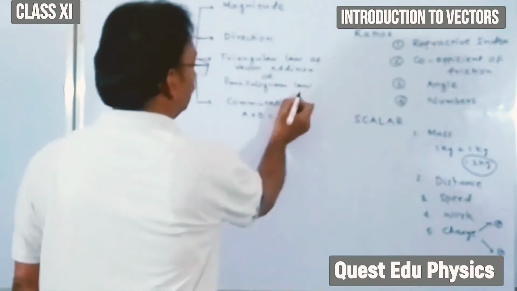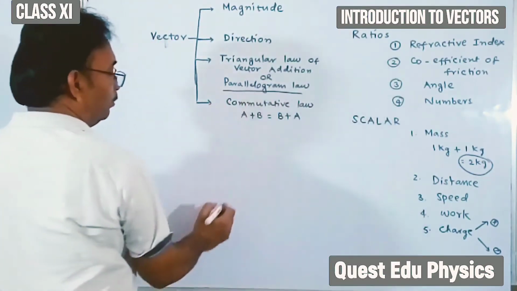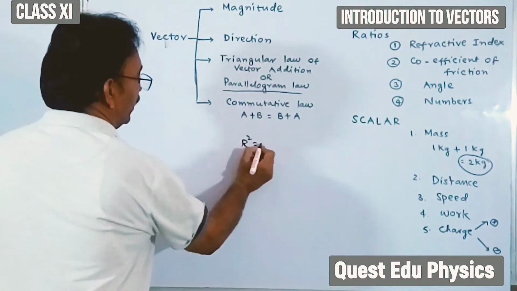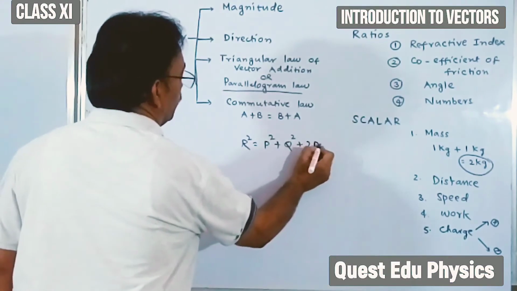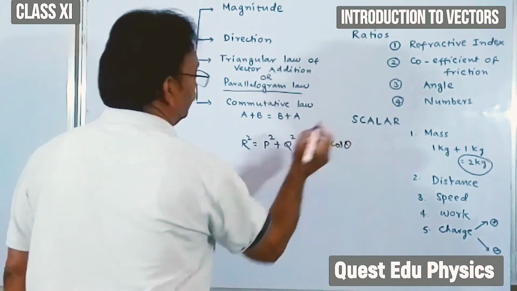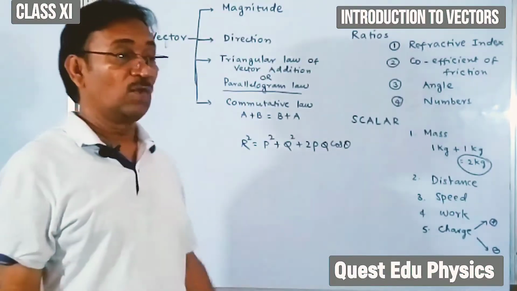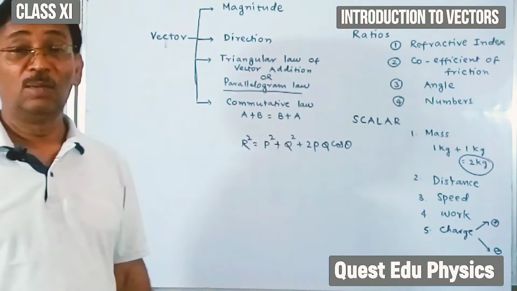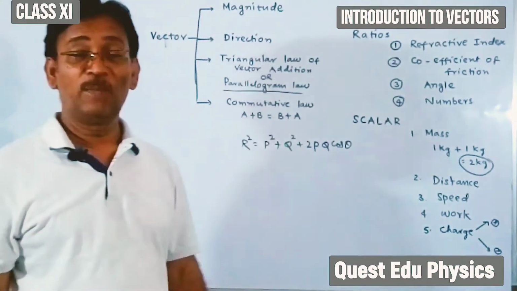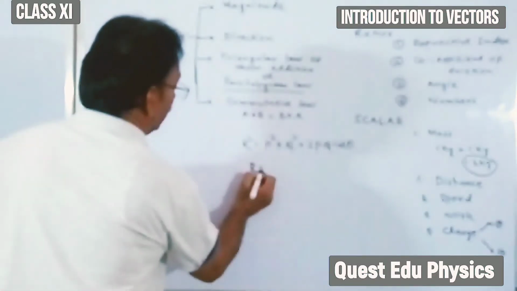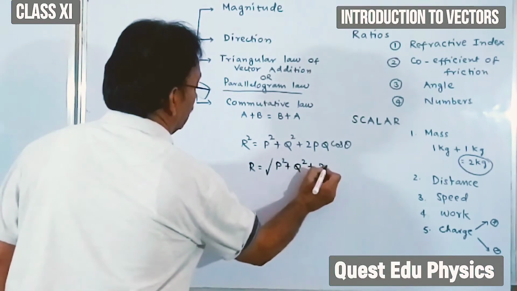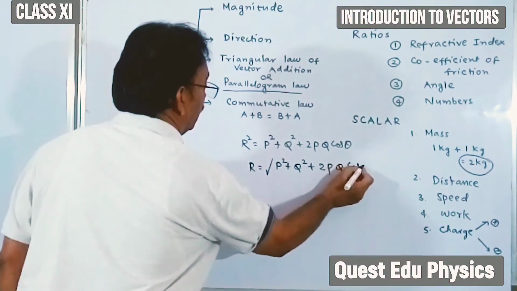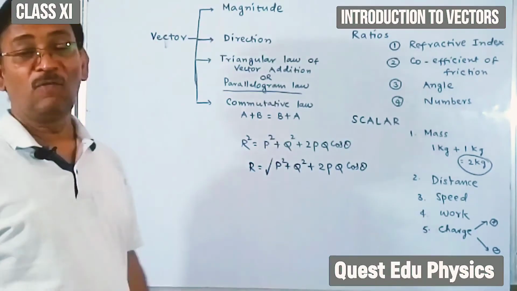So many times you wrote the equation which goes with the parallelogram: R square is equal to P square plus Q square plus 2PQ cos theta, or the resultant R is equal to under root of P square plus Q square plus 2PQ cos theta. That is the parallelogram law of vector addition.